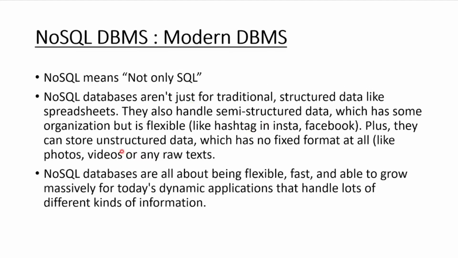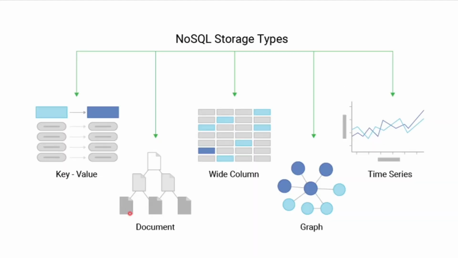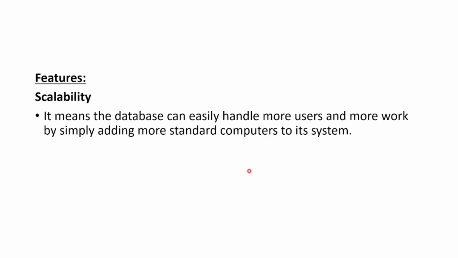So it is very flexible, fast, and able to grow massively for today's dynamic applications that handle lots of different kinds of information. These are the storage types under NoSQL: document and wide column, that means tabular format. It even has graph format and time series. The features of NoSQL are scalability.